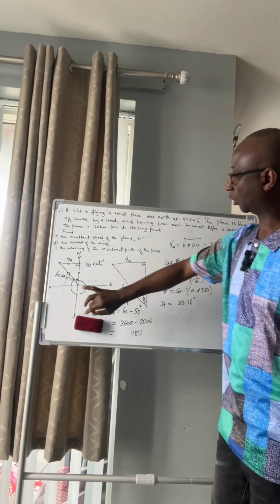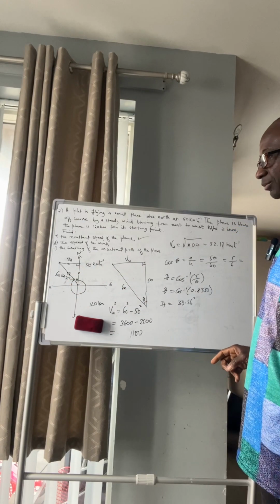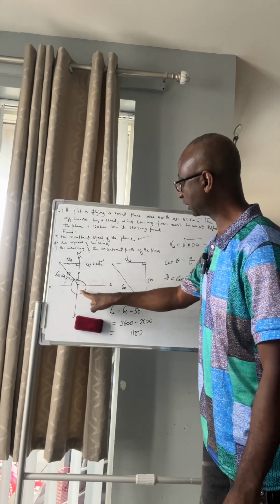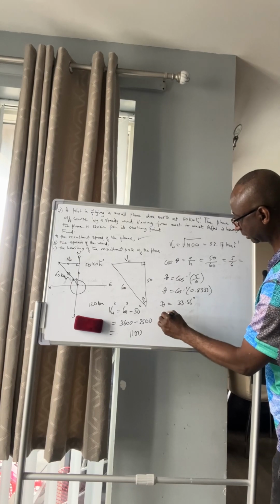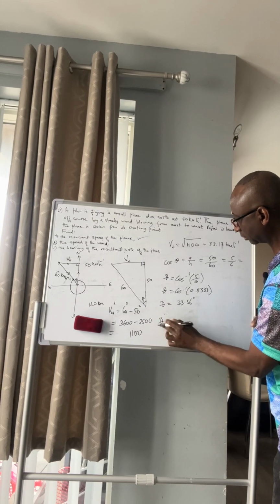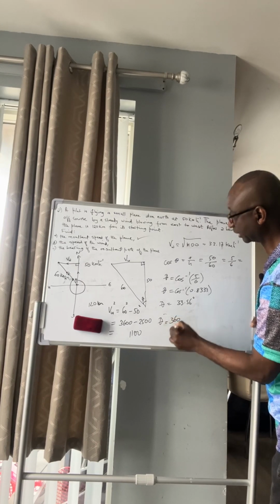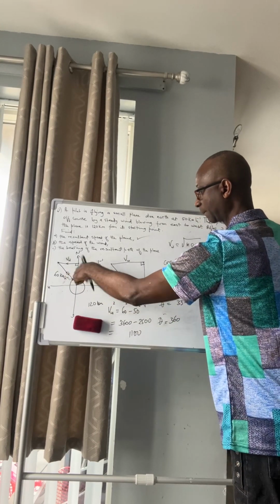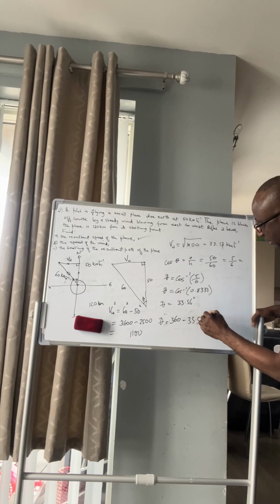The entire angle is 360 degrees. So to find all this angle here, theta now is equal to 360 degrees, which is the total angle, minus this one here, 33.56 degrees.